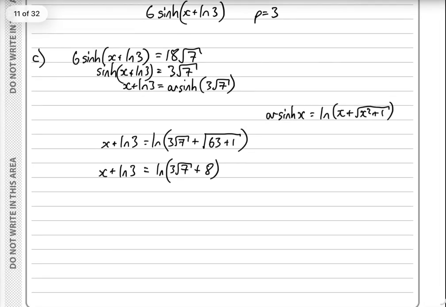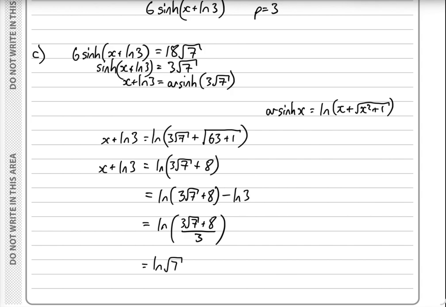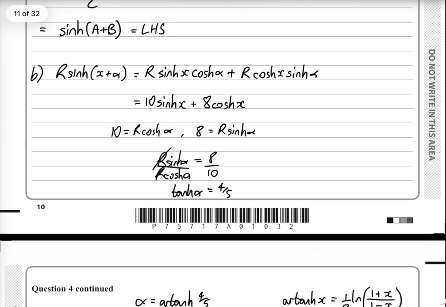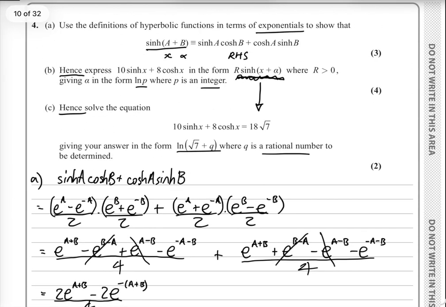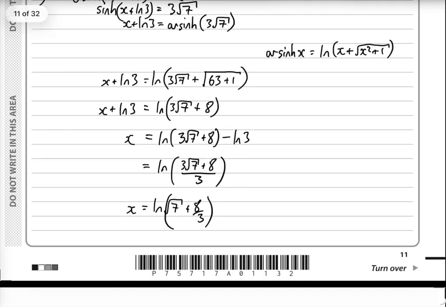But if we take that across, then we can put that into our log by dividing, like so, and that gives us a root 7 plus 8 over 3. Log of root 7 plus 8 over 3, where q is a rational number, yes. We got q is equal to 8 over 3.